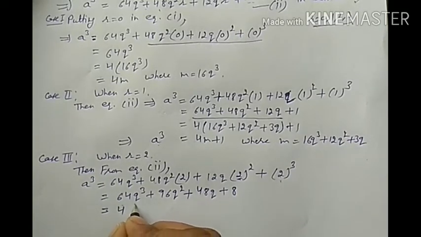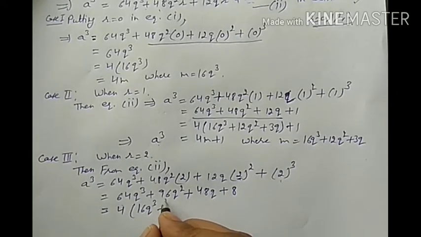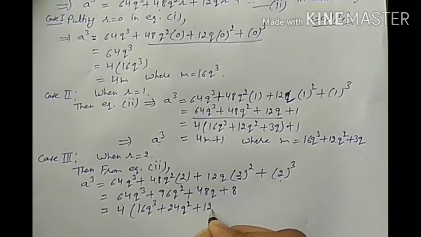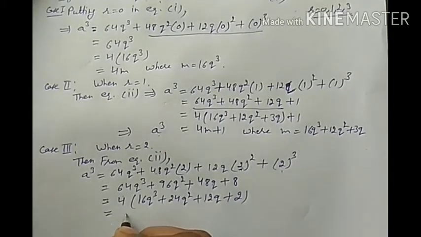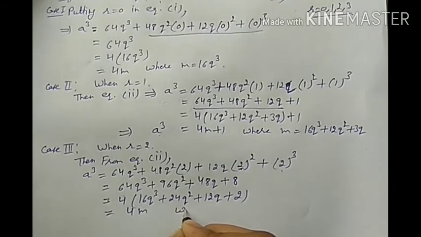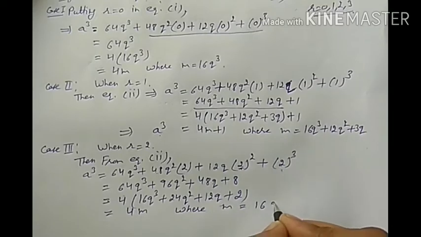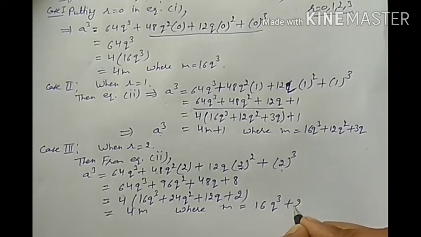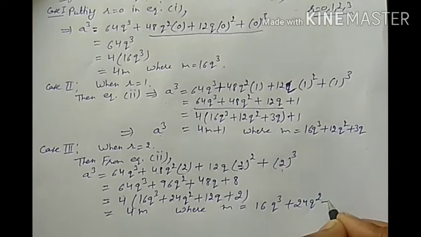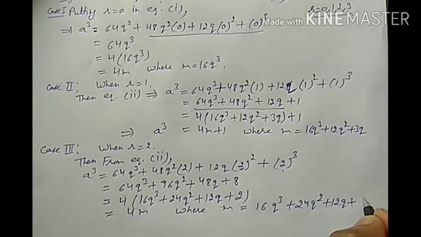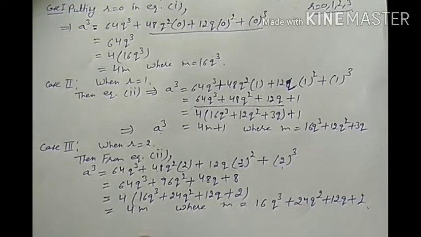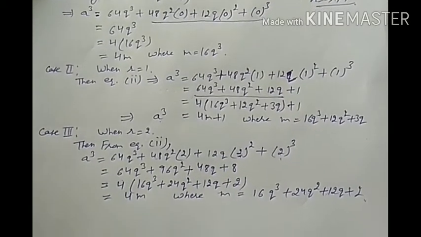So 4 will be outside and remaining will be 16q cube plus 24q square plus 12q plus 2, and we can write it is equal to 4m, where m is equal to 16q cube plus 24q square plus 12q plus 2. Now we will do case 4.